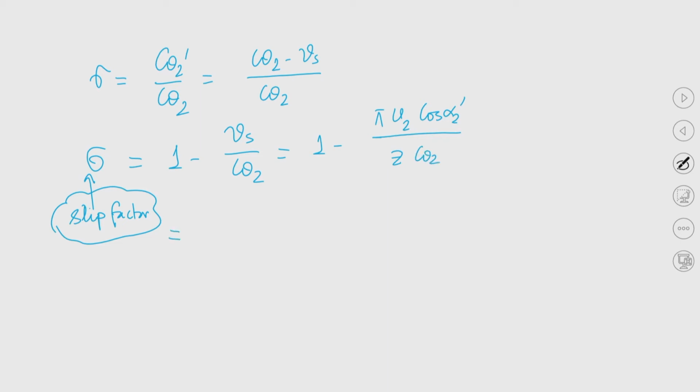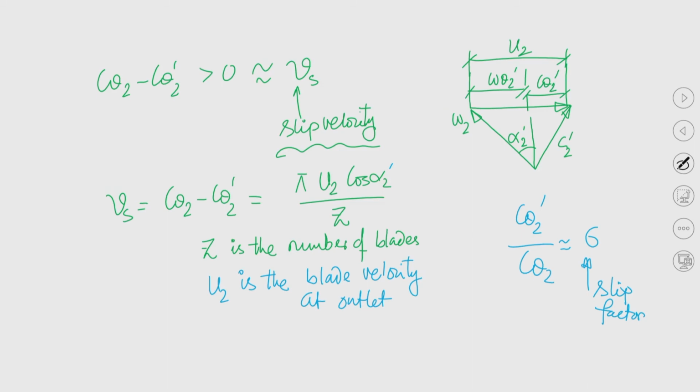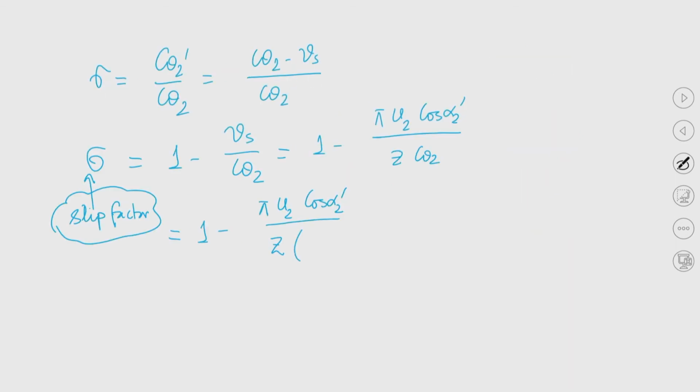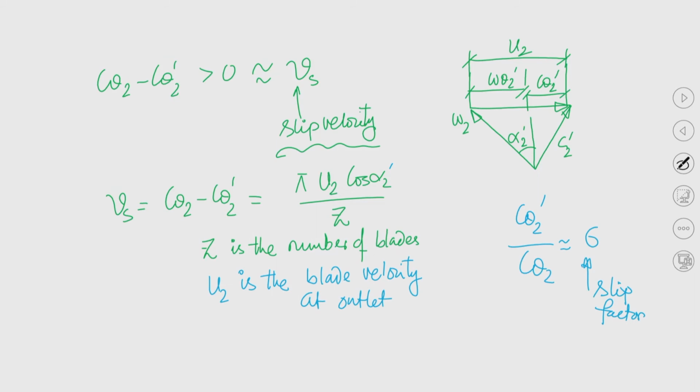This can be written again as 1 minus pi u2 cos alpha 2 prime divided by z. What is c theta 2? c theta 2 is nothing but u2 minus w theta 2, right. So, we can write u2 minus w theta 2. You can see that this w theta 2, if it is Cr2, and this is also beta 2, beta 2 prime, right.